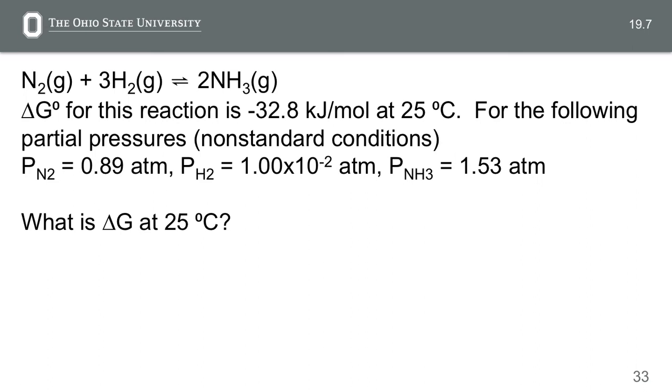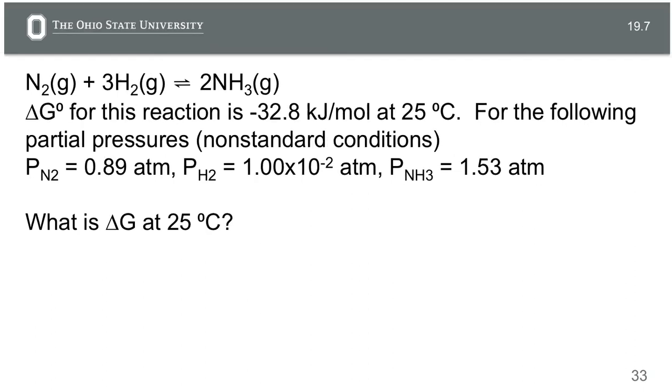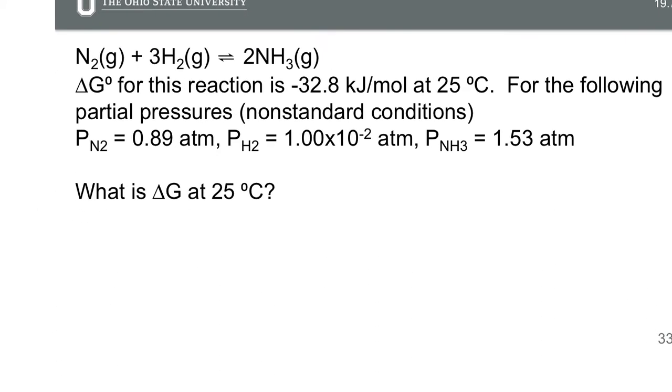So this one we're going to calculate a delta G, and this is going to be for non-standard conditions, okay? So here we have the formation of ammonia. We have N2 plus 3H2 forming 2NH3.